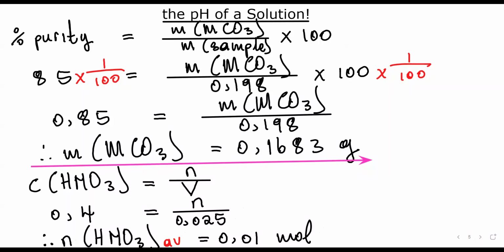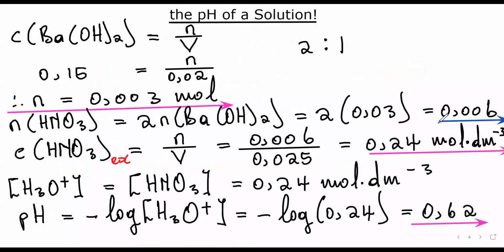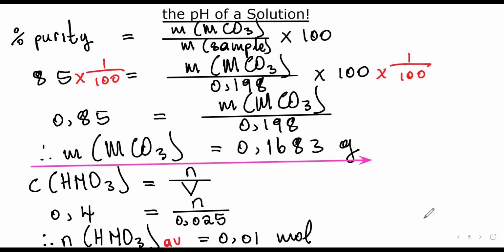Okay, fine. So we know the moles that were available at the start. We also know the moles that were in excess. Yes, we found that 0.006 moles were actually in excess. So now we just need to find those that were used to react with the metal carbonate.